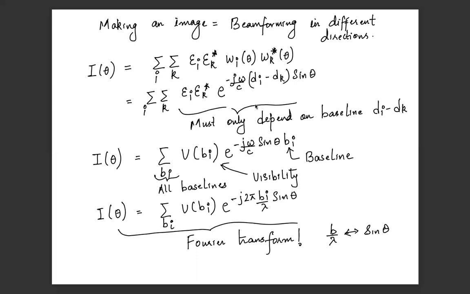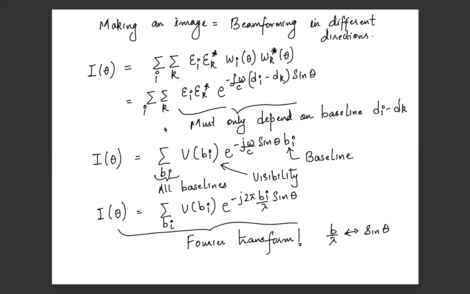So the entire summand inside here, the expression, should only depend on the baseline vector di minus dk, and not on the absolute locations of these antennas on the earth.